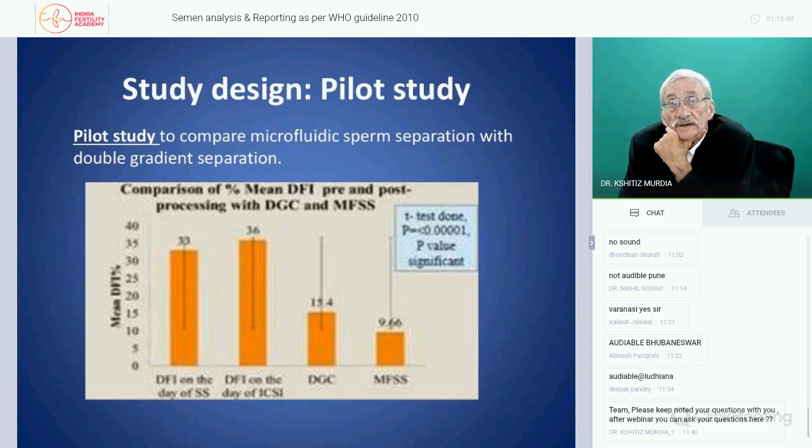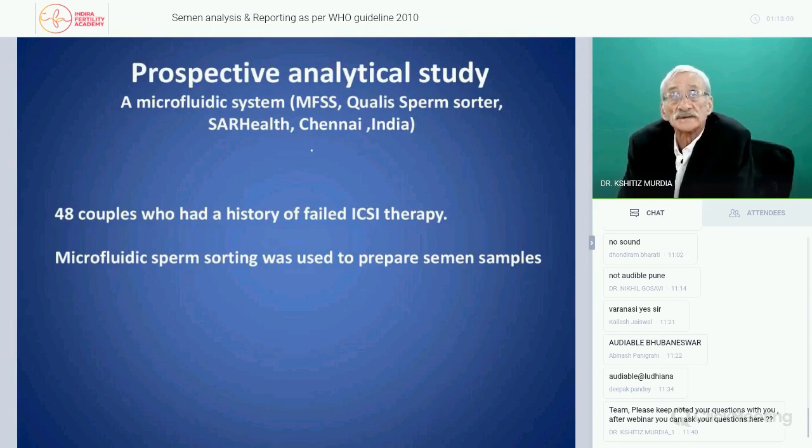There was a significant difference between these two end results. So with this data, the group decided to test this theory to see how microfluidic separated sperm perform in the ICSI laboratory when used after separation.